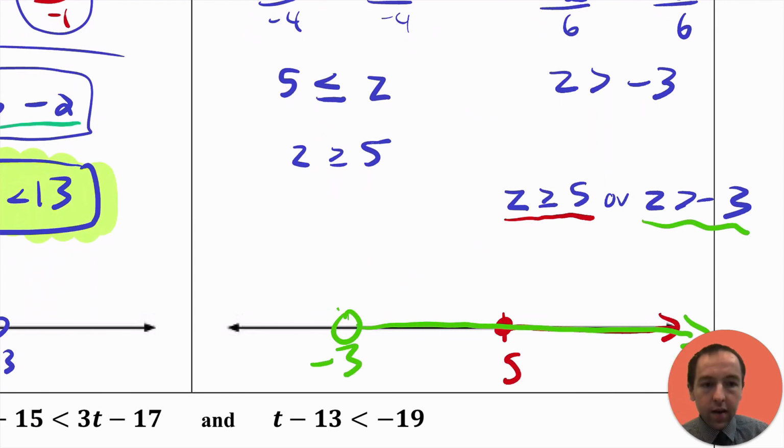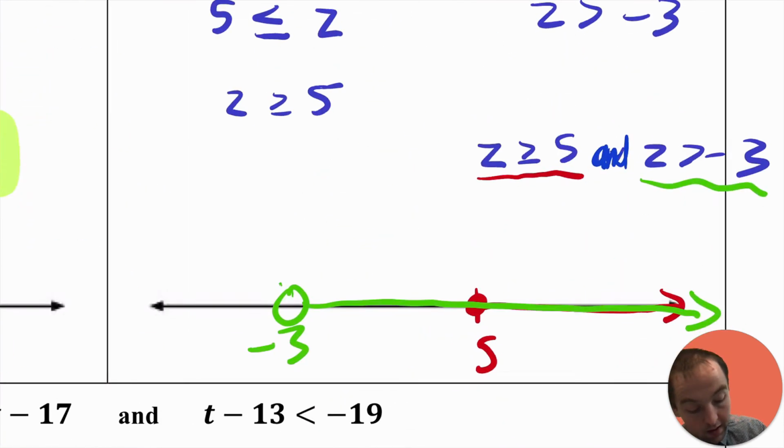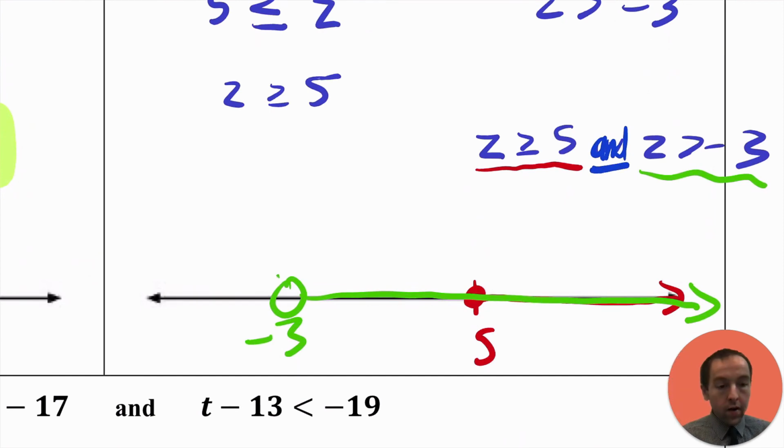Now I made a mistake. We're going to talk about ors in the next part of stuff. It should actually be an "and" because we have the word "and". Now, in order for an "and" statement to be true means that you need both of these things to be true at the same time. So I need both the red statement and the green statement to be true at the same time.